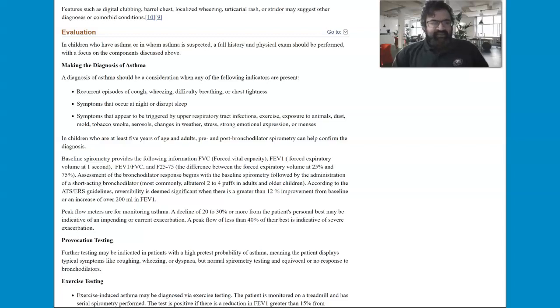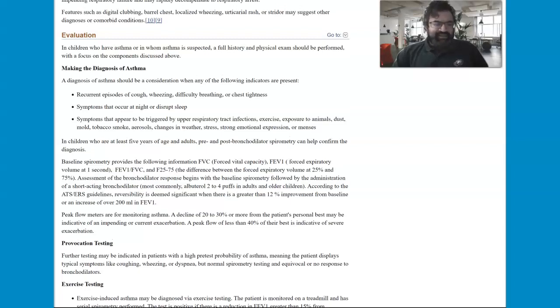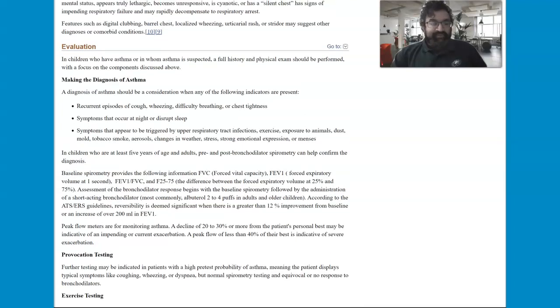A lot of this takes place symptomatically, but if the baseline forced expiratory volume at 1 second over forced vital capacity is 25 to 75%, then assessment of the bronchodilator response begins with baseline spirometry, followed by administration of a short-acting bronchodilator.